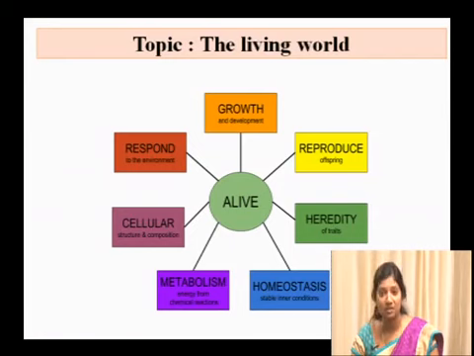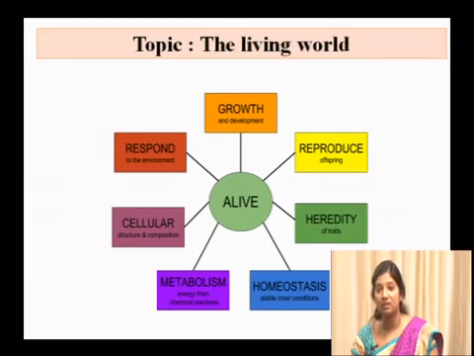Here also a doubt is there. Some organisms like the workers in honeybees, mule, these are organisms which are living but still they cannot produce their offspring. They are said to be sterile. Then can reproduction be called a defining characteristic feature of living organisms? Then what is it which can be called an all-inclusive characteristic feature of living organisms?